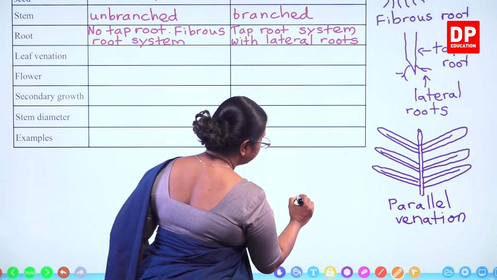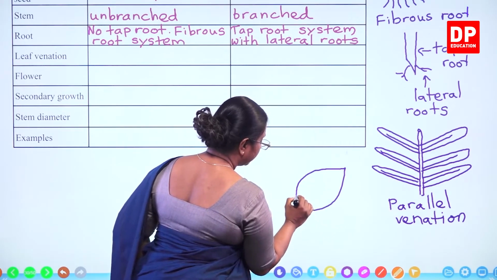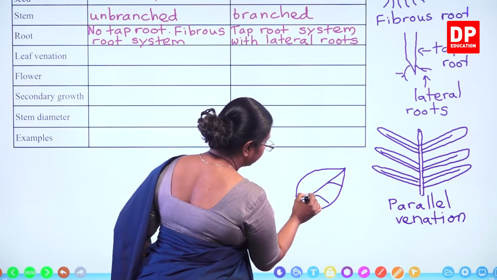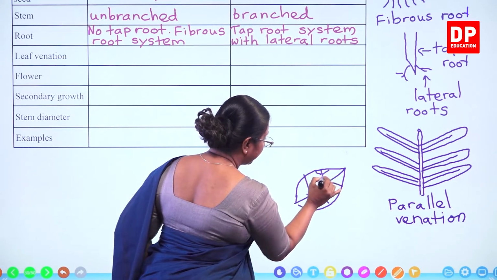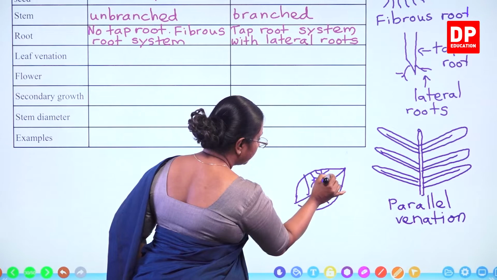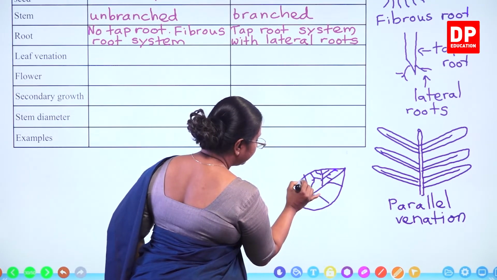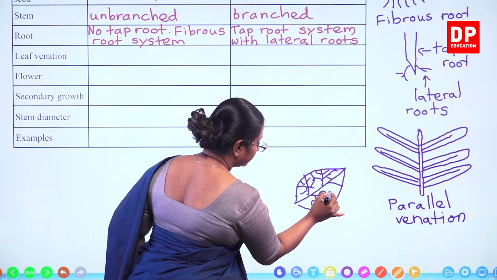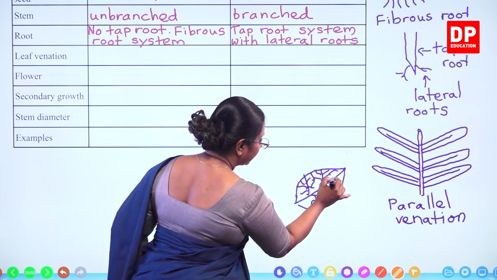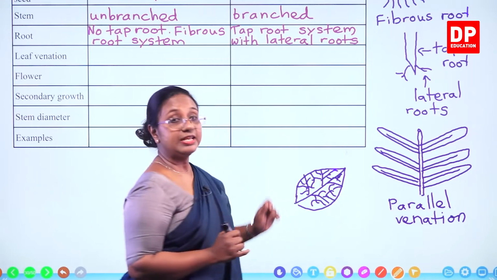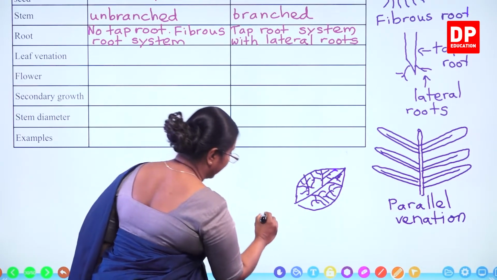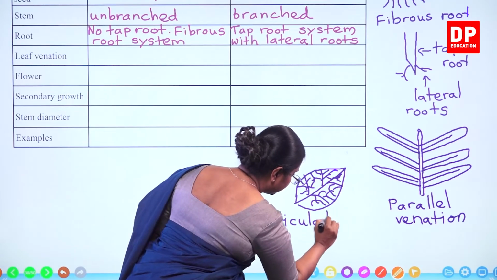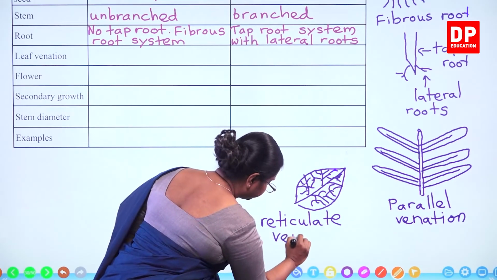Whereas you take the dicot leaf, the midrib is in the middle, then you get the branches, and you can see these are all like a network-like structure. So that is what we call reticulate venation.